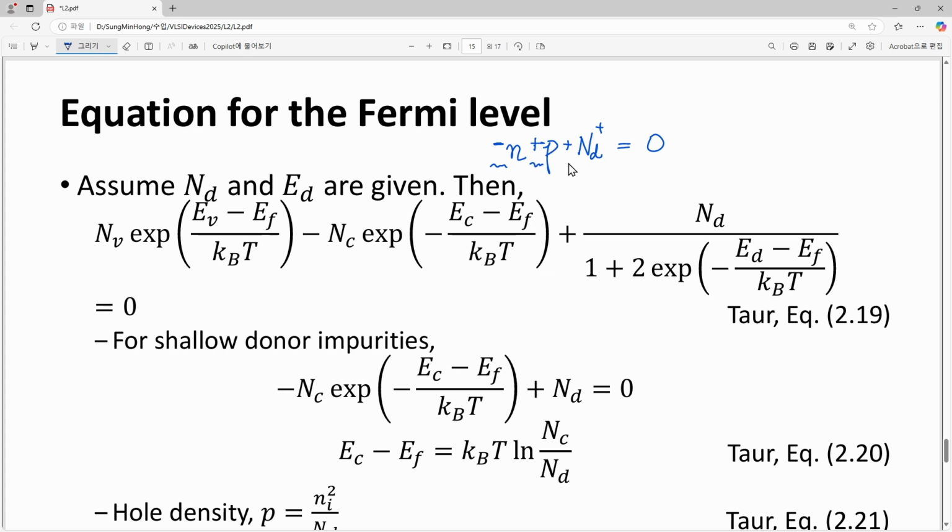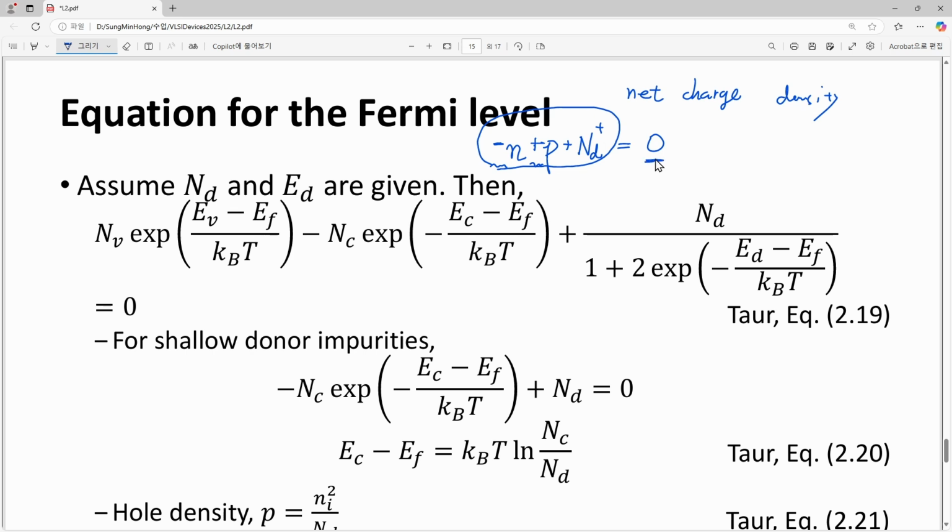Also, ionized donors contribute positive charge. So simply speaking, the sum of these three densities is the net charge density at a certain point, and that shouldn't not vanish.